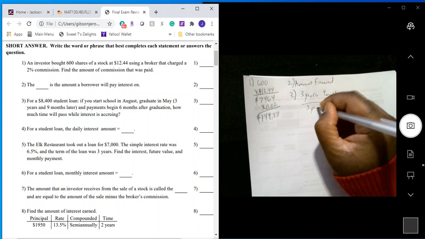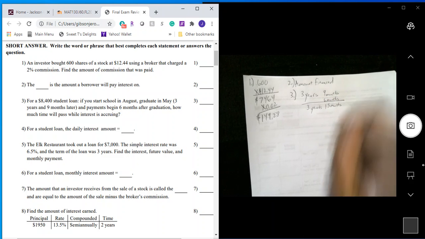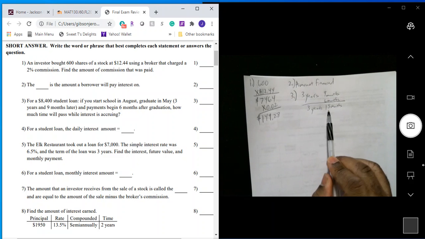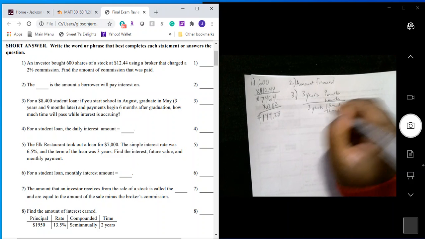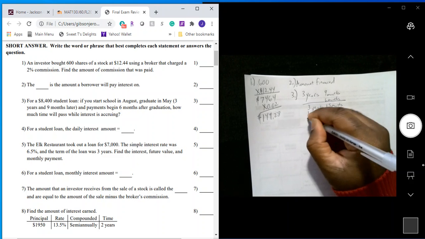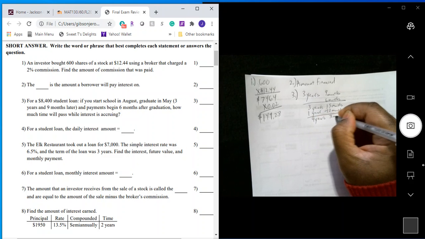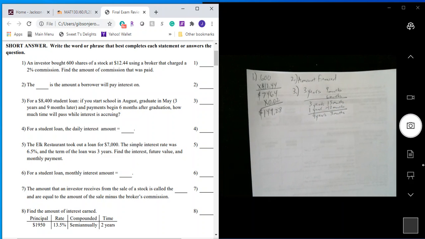So it's technically 3 years, 15 months before payments start. Now here's the thing. Since we know 12 months equals a year, we can subtract 12 months here and add 1 year here. So that will give us 4 years and 3 months. So that will be our answer for number 3.